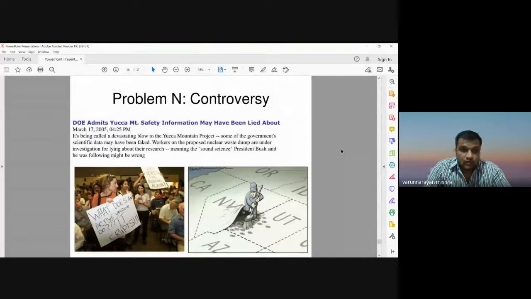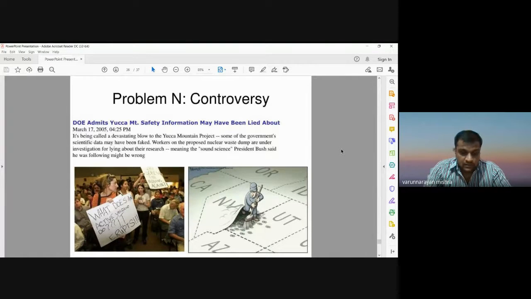Okay, there may be some controversial issues there. There may be some problems, like it's being called a devastating blow to the Yucca Mountain project. Some of the government's scientific data may have been faked. Workers on the proposed nuclear waste dump are under investigation for lying about their research, meaning the sound science President Bush said he was following might be wrong.